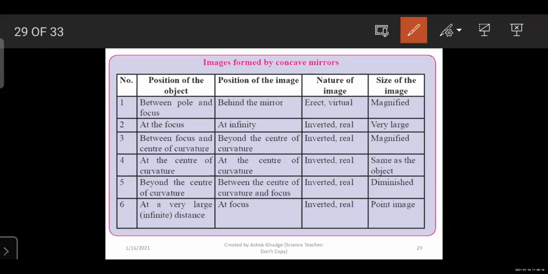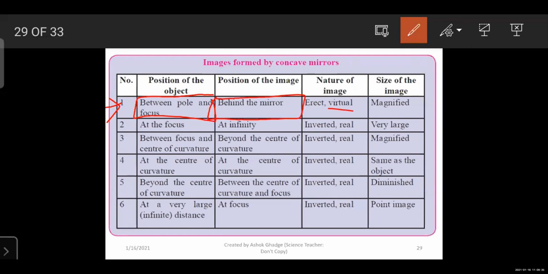Now in the last condition we have seen, we got the virtual image only, because the object is between the pole and the focus. So we got the image behind the mirror.